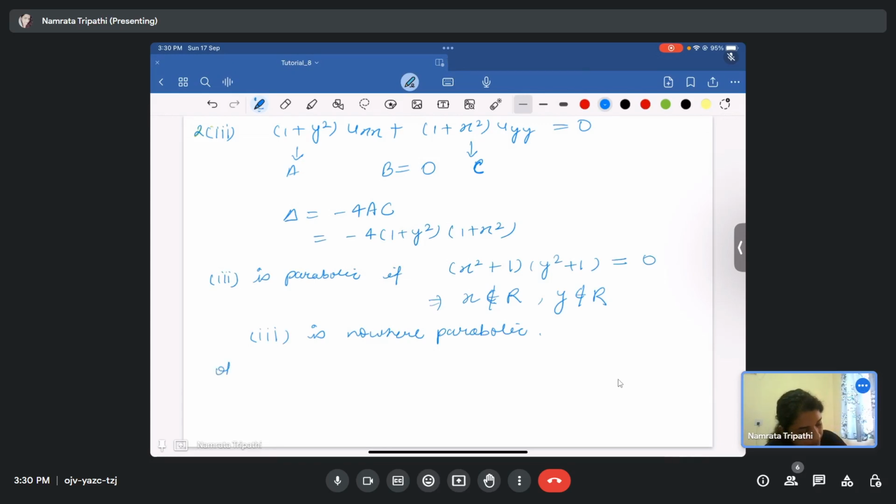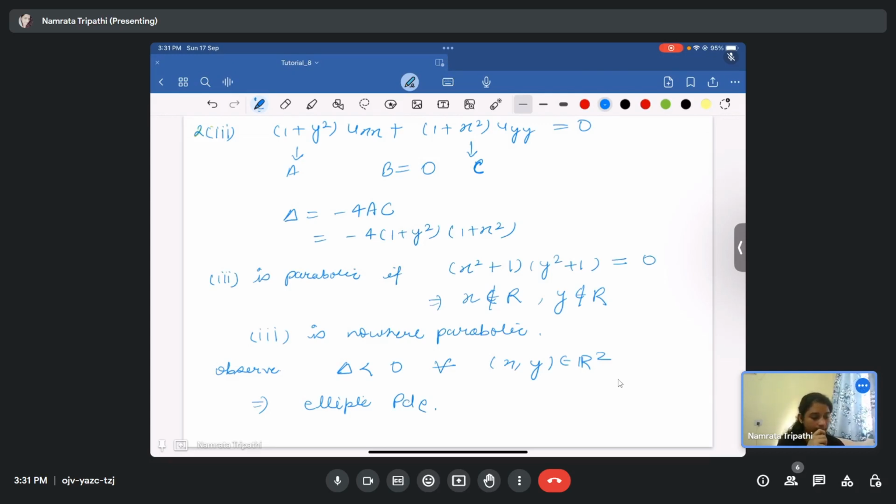Now we can observe delta less than 0 for all x comma y belonging to R square. That implies for all xy the equation is elliptic. So there is no xy point where the equation represents parabolic, and no xy point where it represents hyperbolic.